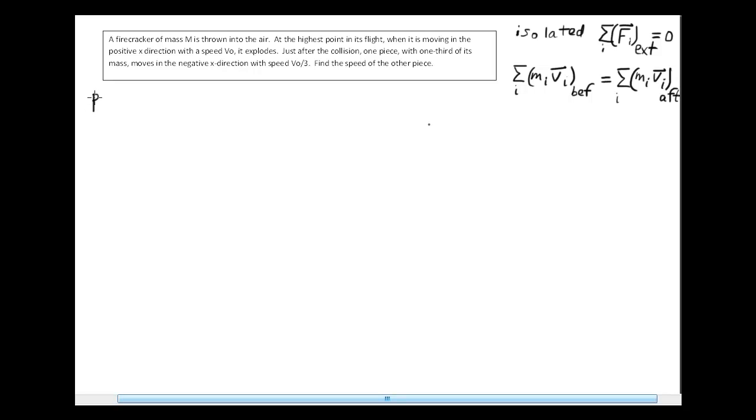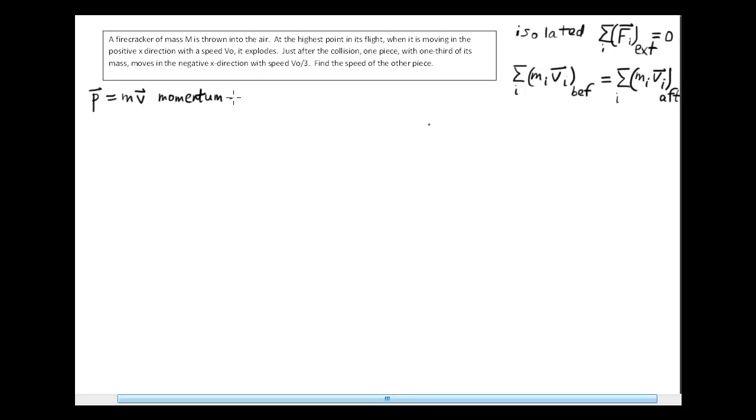Remember that P, the momentum of a particle that has mass m and velocity vector v, is equal to mv. And so what we're saying in the expression with the summations over here on the right side is that when you add up the momentum of all the particles before the collision, it's equal to the momentum of all the particles added up after the collision.